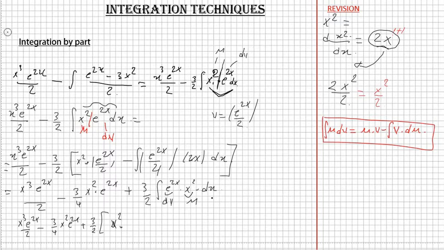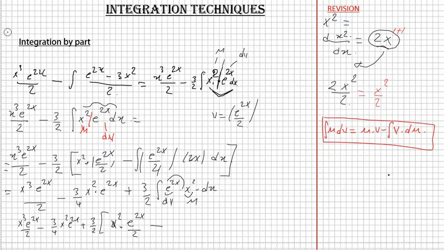V represents the integration of this function here, because this portion is called dv. Then to get v, I have to integrate this part. As we did in the previous step, if we integrate this part here, you're going to get e^(2x) divided by 2.